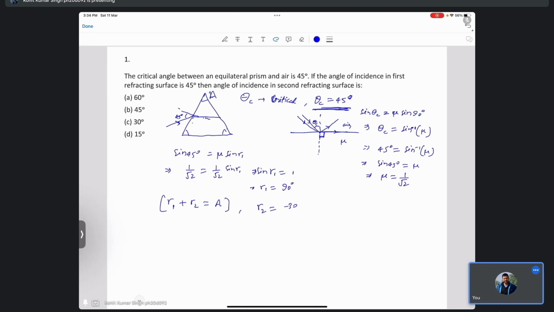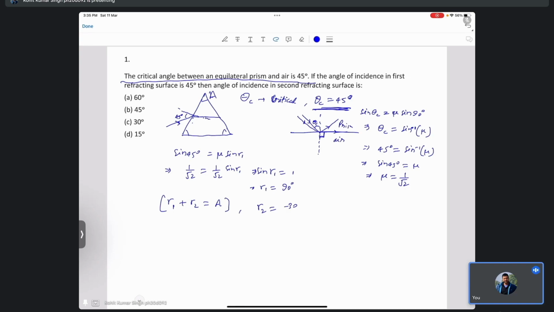So actually, the way this statement is written, the critical angle between an equilateral prism and air is 45 degree. So what it means is, you have to think it the opposite way. Okay, so this is the prism and this is the air in this case.